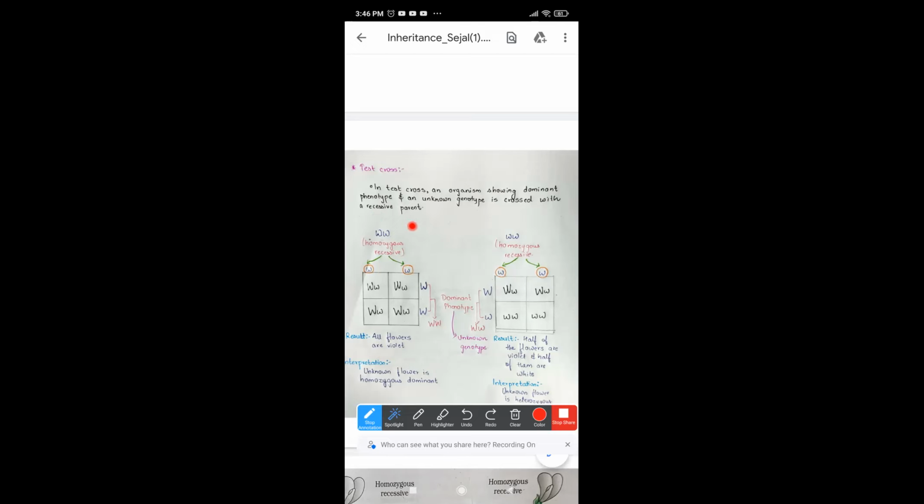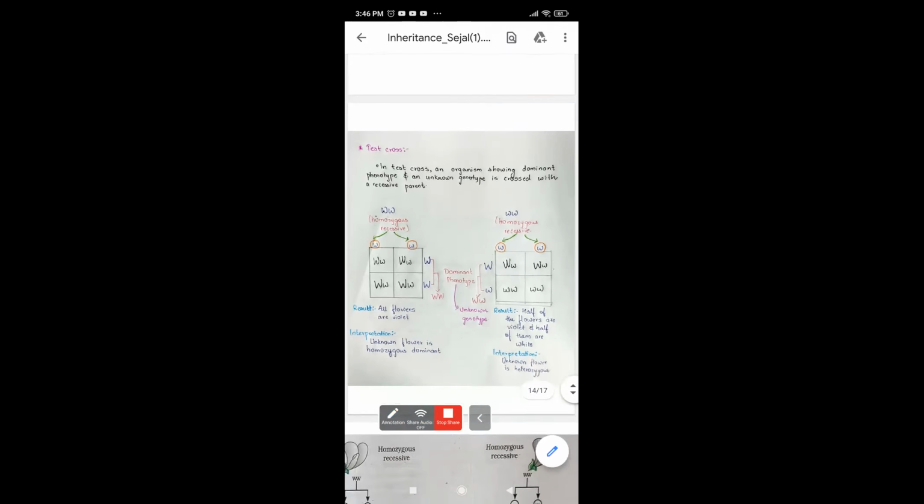I have drawn one example, and the same example is also present in the NCERT textbook in the form of pictures. So here we took a homozygous recessive, and here we are basically looking at flower color. We took a homozygous recessive, that is, a white flower, and a dominant phenotype, that is violet in color.